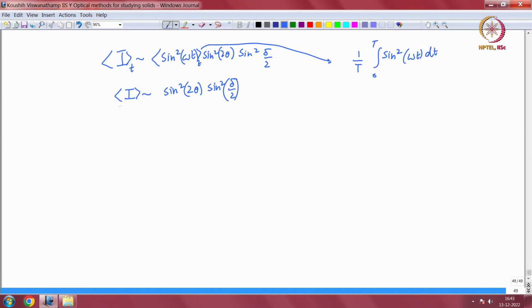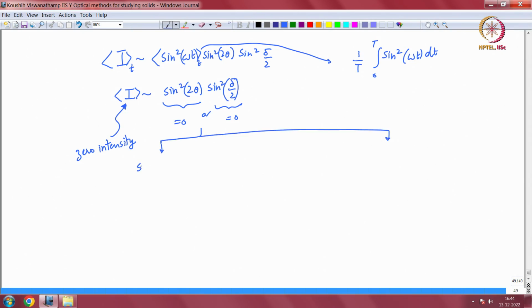Okay. So when will you see 0 intensity? This will happen when either this term is 0 or this term is equal to 0, right. And when does that happen? This comes back to our two separate cases we discussed. So either sin 2 theta equal to 0 or sin delta by 2 is equal to 0.